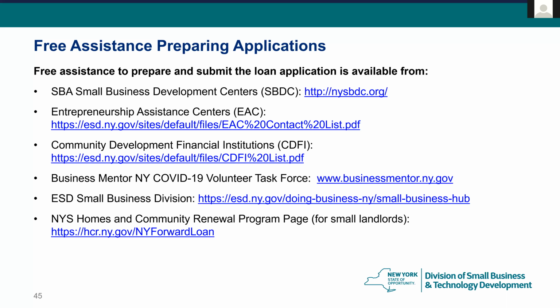and they can offer technical services beyond just offering you loans and money. There's the Business Mentor New York COVID-19 Volunteer Task Force, which is one of our programs. This is an online site where you can set up a free account, and successful businesses and executives from around the state have signed up to offer free counseling, pro bono mentoring to small businesses looking for assistance with various things, including how to pivot from COVID-19.